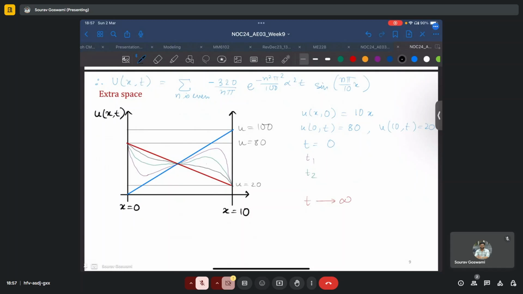So this is t3, and we have t1 less than t2, less than t3. So this is how the temperature distribution evolves given the initial and boundary conditions.